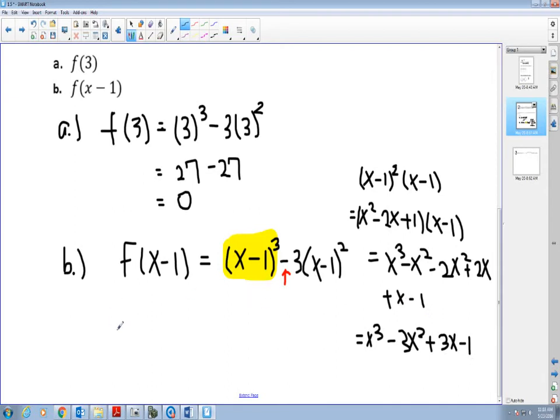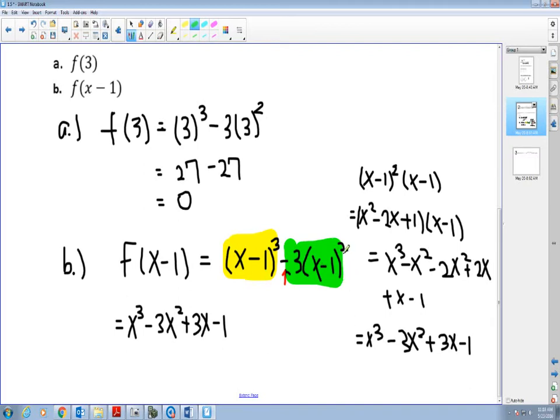Alright, so my first term comes out to be x to the 3rd minus 3x squared plus 3x minus 1.